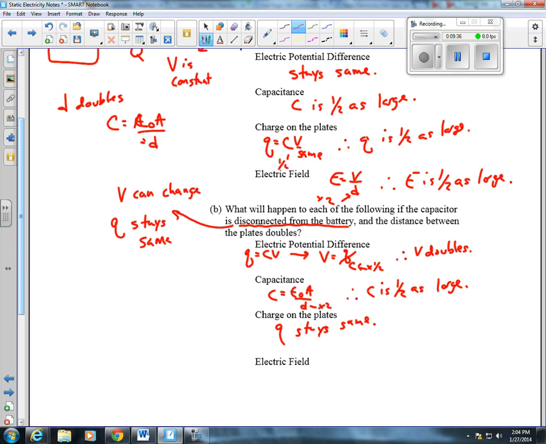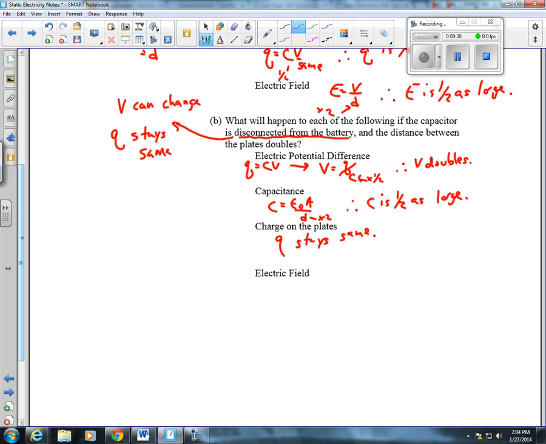And then for electric field, we have E equals V over D, and the voltage doubled. But the distance also doubled, so that's going to cancel, and the electric field stays the same.